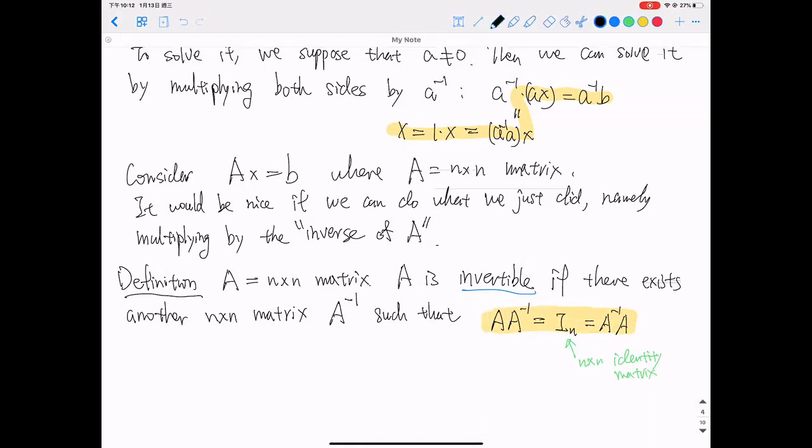And if this happens, such A inverse is called the inverse of A.